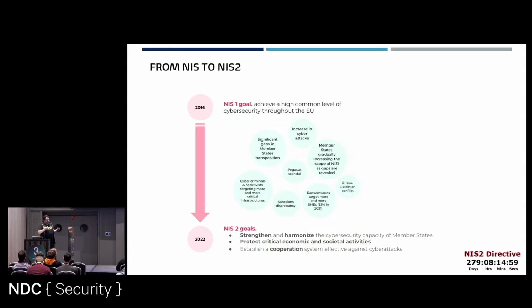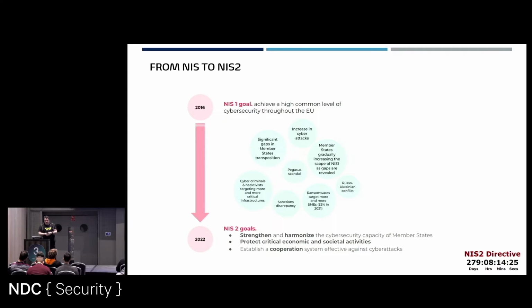Its original goal was to try to achieve a common level of cybersecurity throughout the European Union, especially when it comes to critical infrastructure and digital service providers and whatnot, right? And trying to ensure that the EU as a whole and organizations within the EU do cybersecurity better. Not right, but at least better. And they do so in a consistent manner across the entirety of the EU.